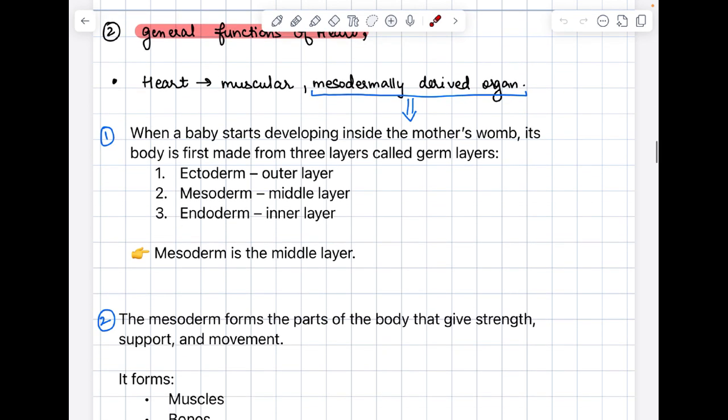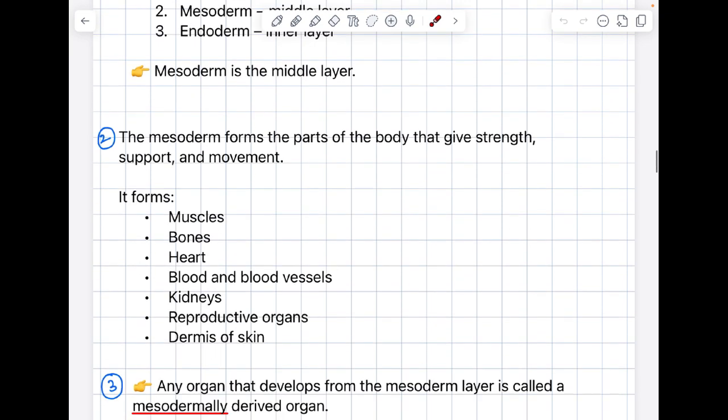Let us understand. When a baby starts developing inside the mother's womb, its body is first made up of 3 layers that are called germ layers. So the middle layer is called the mesoderm, and the mesoderm forms the parts of the body that give strength, support and movement, and it forms muscles, bone, heart, blood and blood vessels, kidneys, reproductive organs and dermis of skin.